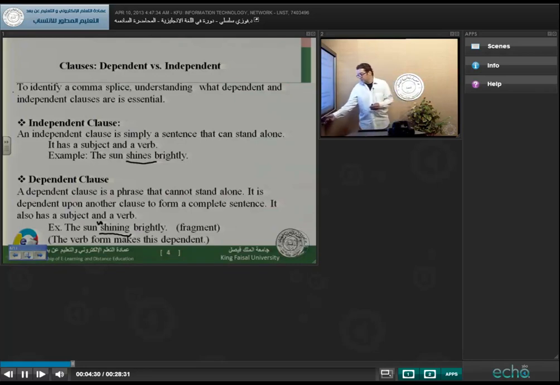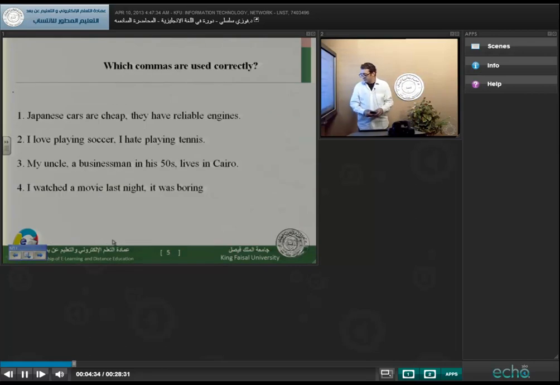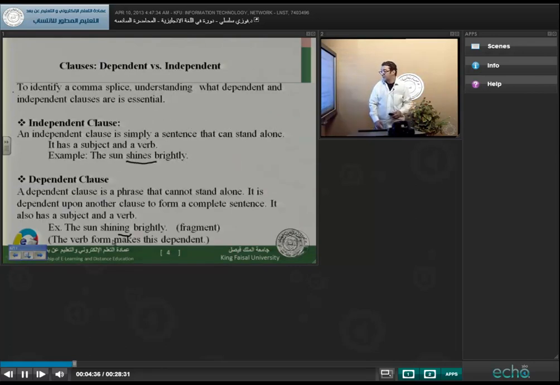But if we don't have "is" and we just have the sun shining brightly, that makes it a fragment. So this is basically the difference between an independent clause and a dependent clause.